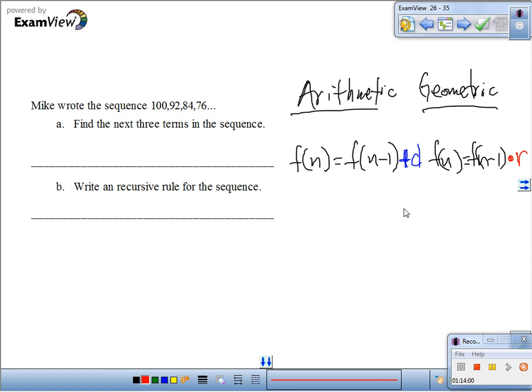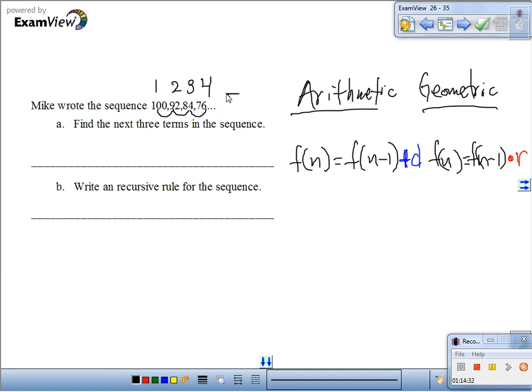So let's find out what kind of sequence this is. Let's see. Here goes the process. Ready? How many terms do we have? We have 1, 2, 3, 4. Okay. What's happening from here to here, from here to here, from here to here? Tell your neighbor, please. Everyone?